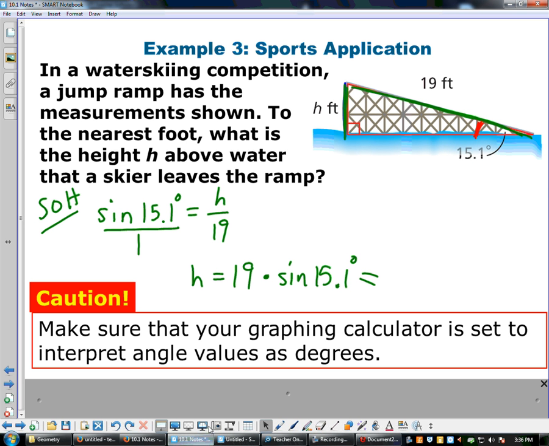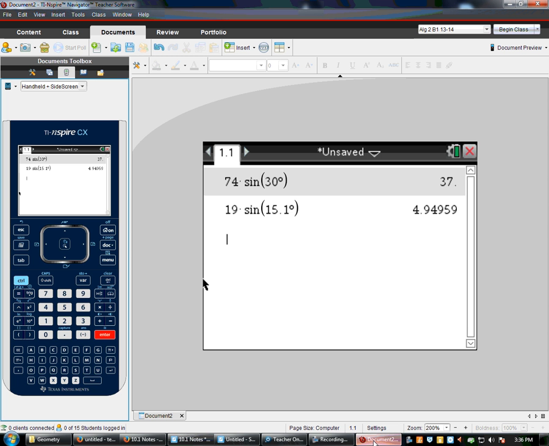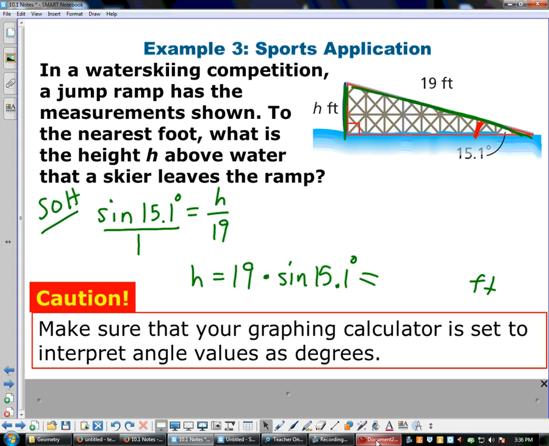Oh, I'm sorry, 4.95? What was it? 4.95, thank you. So 4.95 feet.